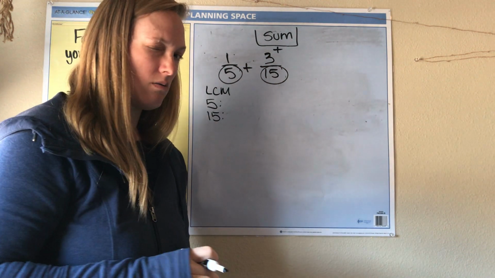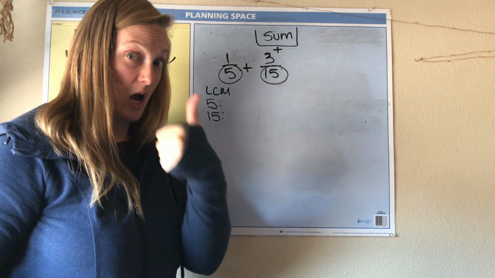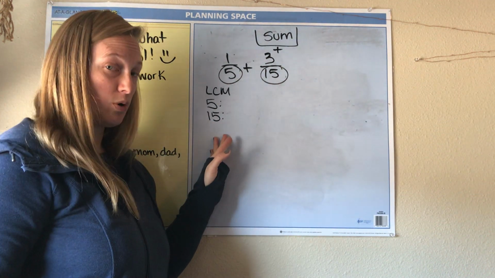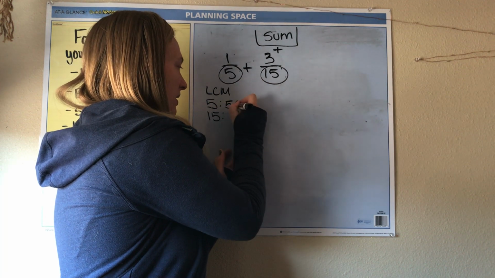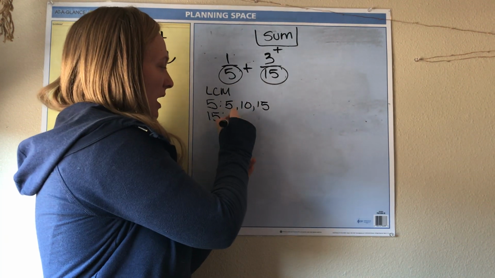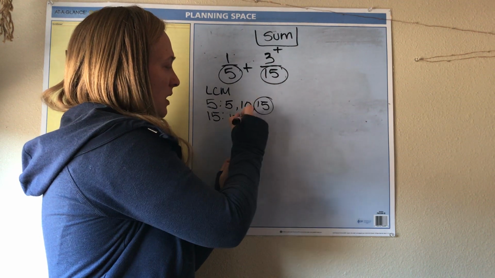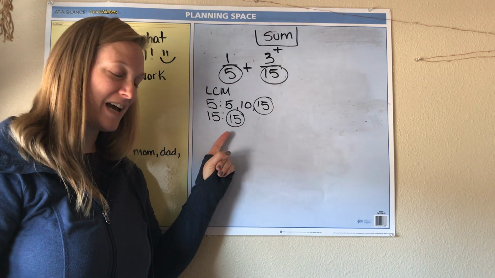If you already think you know the least common multiple and your common denominator, that's awesome. I'm just going to show you the work to prove it. So multiples of 5: 5, 10, 15, and multiples of 15. My common denominator is 15. Nice job if you already guessed it.